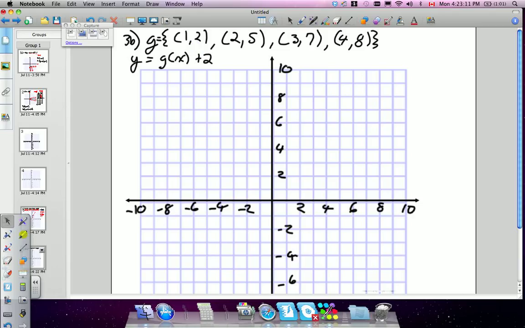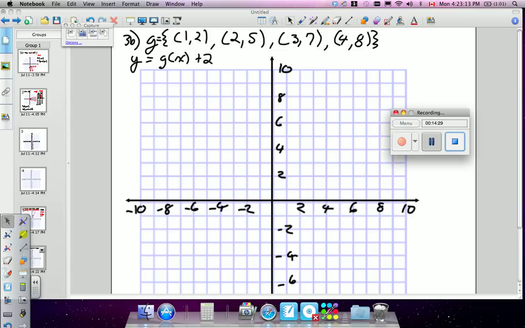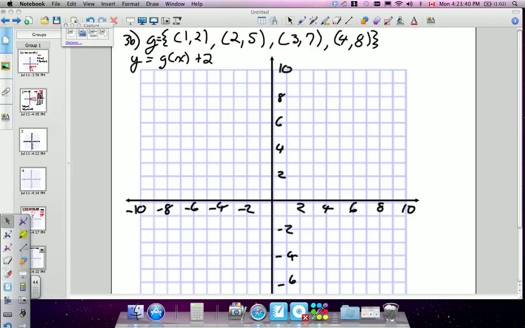So like I said, the same idea: when x is 1, g at x is going to be 2. So I'm going to write that in. Y is equal to g at 1 plus 2. We know that g at 1 is going to be 2. That's our number there. So y equals 2 plus 2. Our new y value is going to be 4.